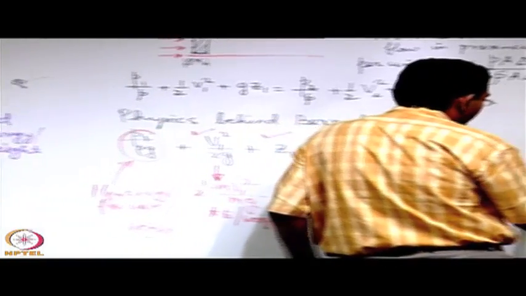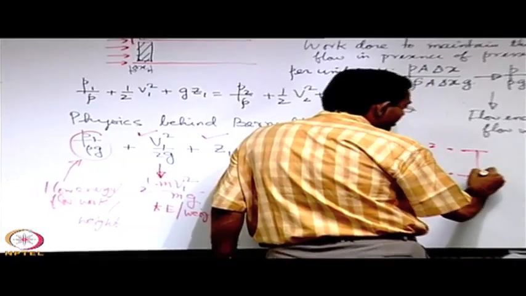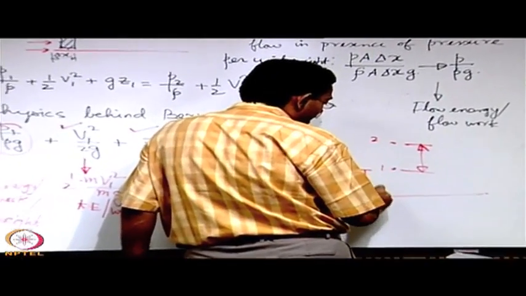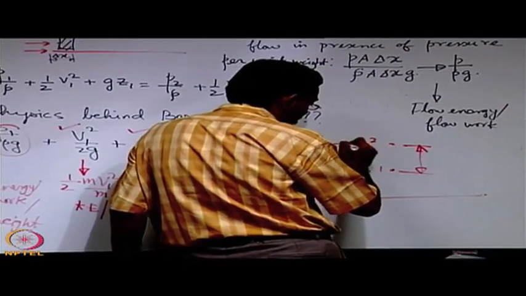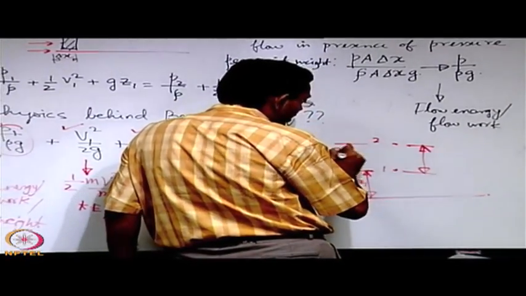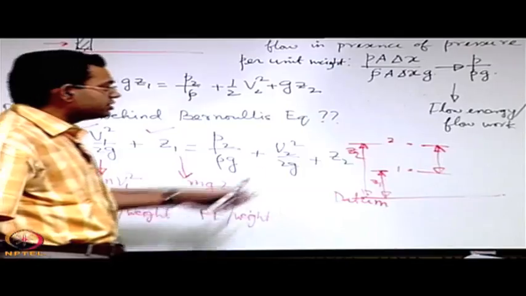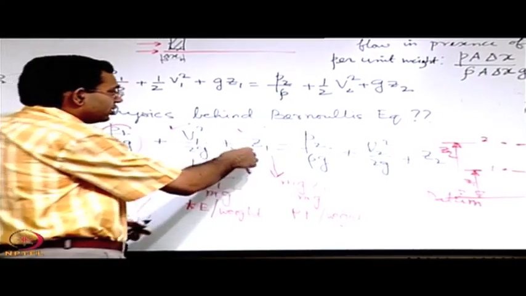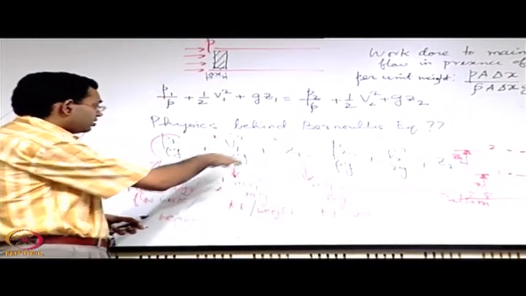So, if there are 2 points 1 and 2, say this is 1 and this is 2. So, this difference in the height between 1 and 2, vertical height, is what is important. So, if you have this as z1 and say this as z2 with respect to some datum, then it is independent of the choice of the datum, z2 minus z1 remains the same, but still when you want to prescribe it in an absolute sense, you require a datum or a reference.